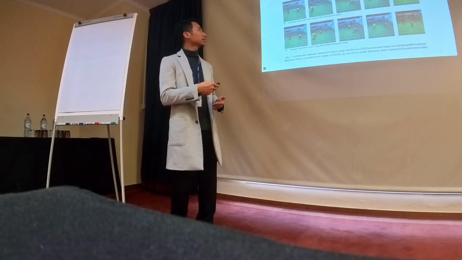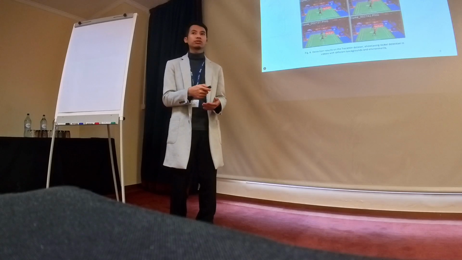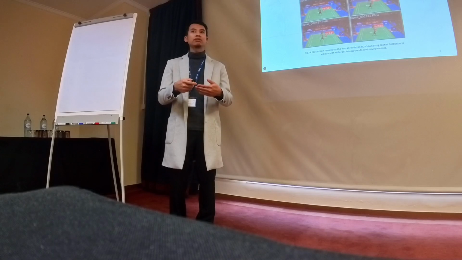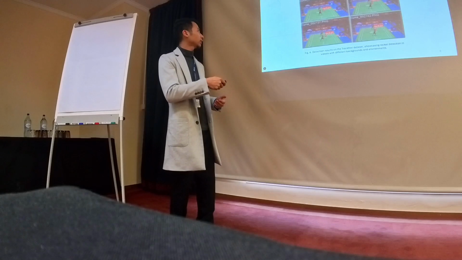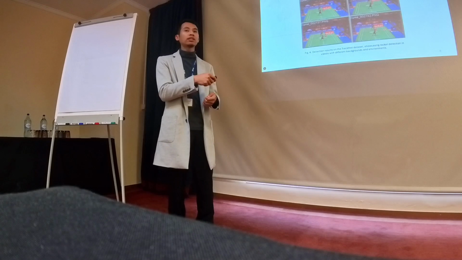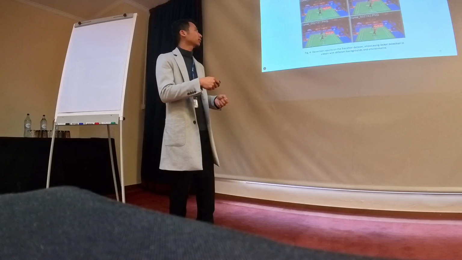For fairness, I also tried another frame that I didn't train on. This is a frame from the TrackNet dataset. This dataset is for shuttlecock detection, but I used it for racket detection.